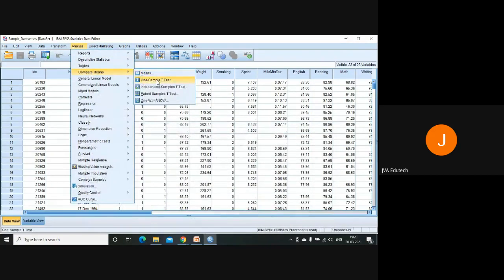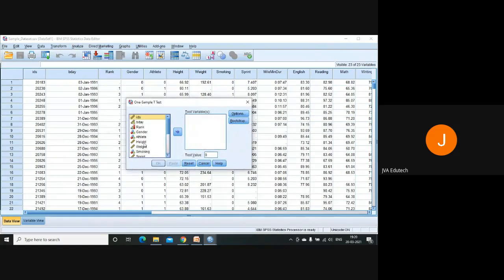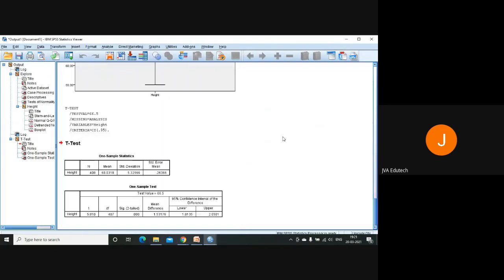Now Compare Means, One-Sample T Test, take the height, test value 66.5. Okay. And here we have got our one sample t-test result. You can see the degrees of freedom is 407, which in a one sample t-test is equal to n minus 1. We had 408 cases, so the degrees of freedom is 407.